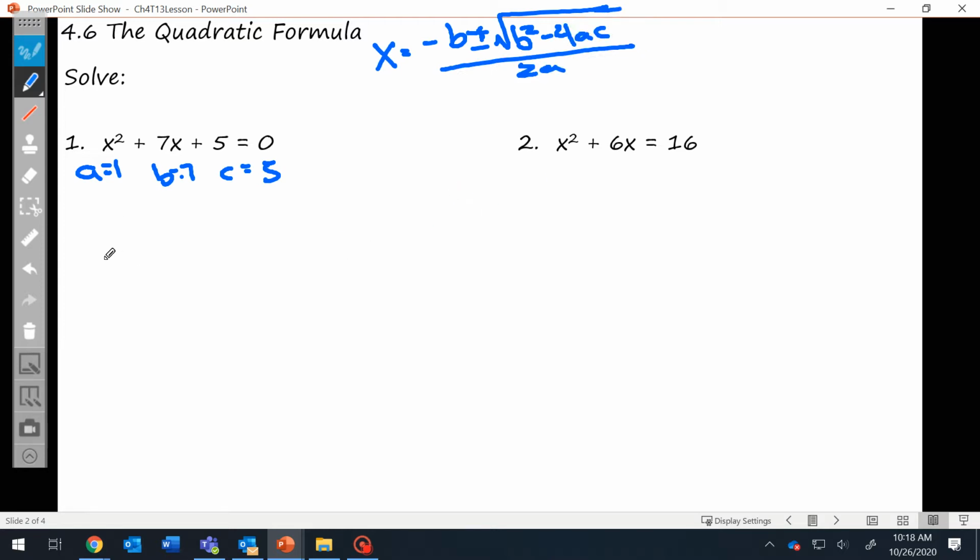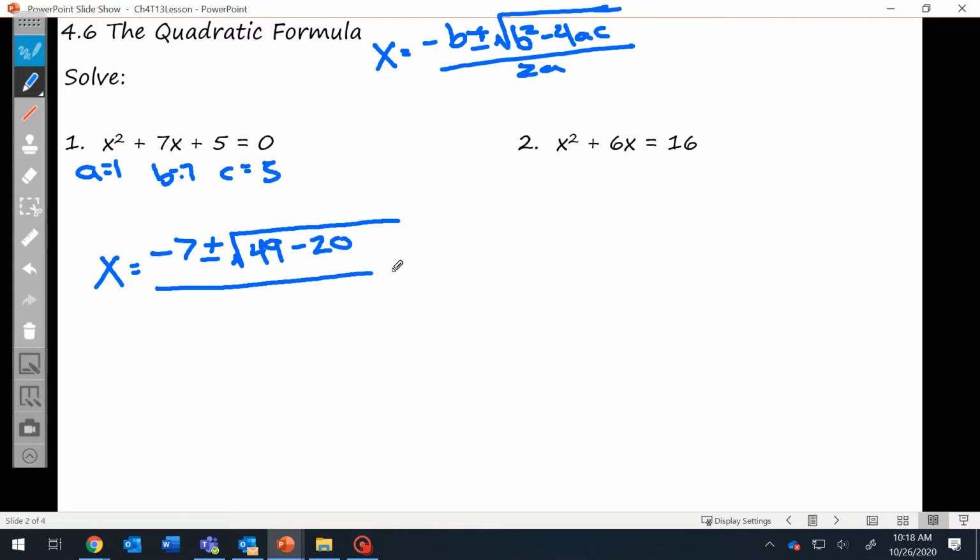So our formula becomes negative b, so negative 7 plus or minus the square root of b squared, so 49, minus 4 times a times c, so 4 times 1 times 5, so minus 20, all of this over 2 times a, so 2.